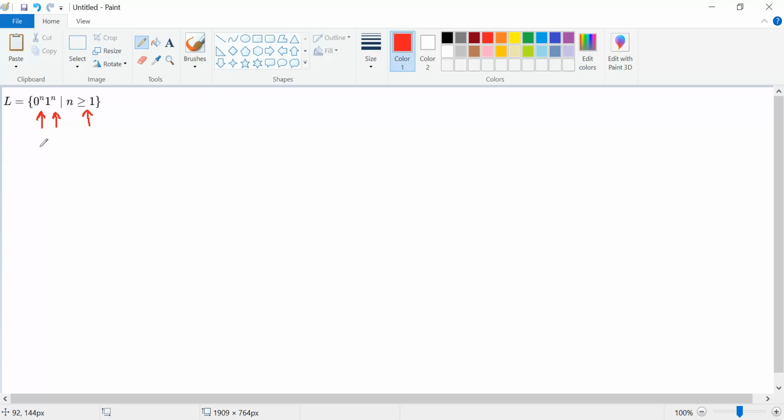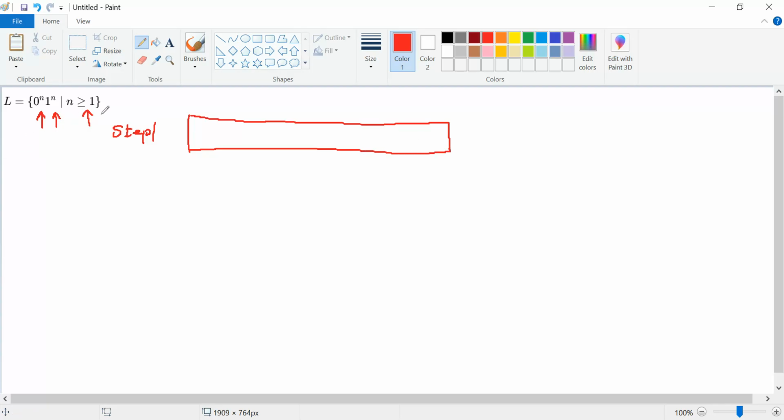To design a Turing machine, the most challenging step is to identify what to do, how to go about designing this. It differs from one question to another, so you cannot use the same idea for all the questions.